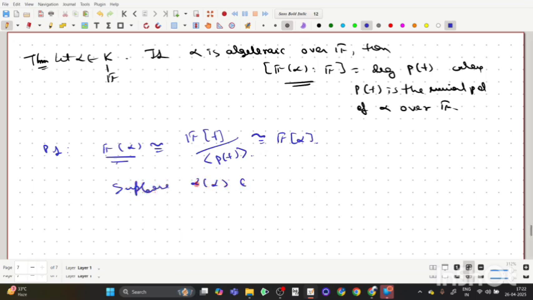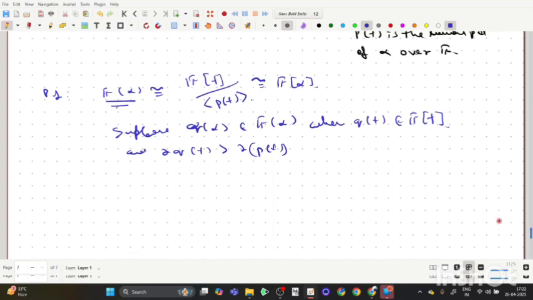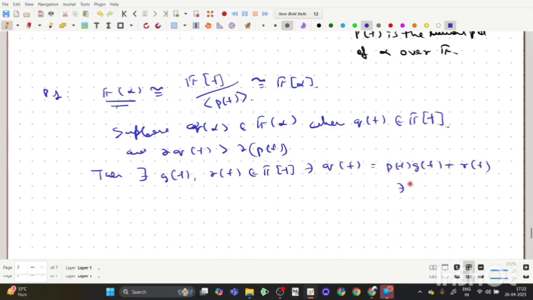Suppose q(alpha) is in F(alpha), where q(t) comes from F[t], and say the degree of q(t) is greater than the degree of p(t). Then by the Euclidean algorithm, I can divide q(t) by p(t). There exist g(t) and r(t) in F[t] such that q(t) = p(t)g(t) + r(t), where the degree of r is less than the degree of p.